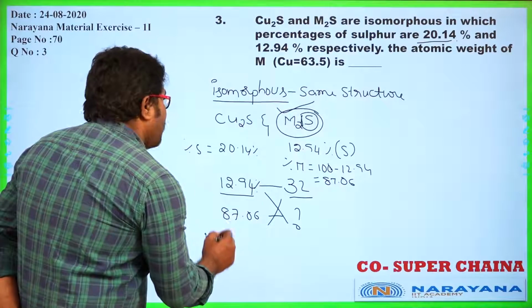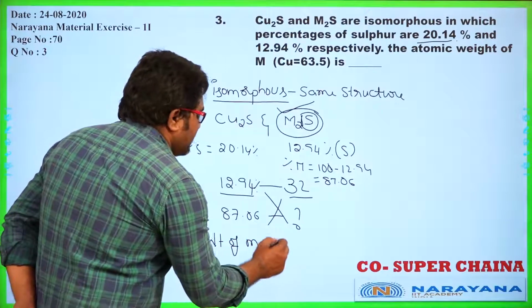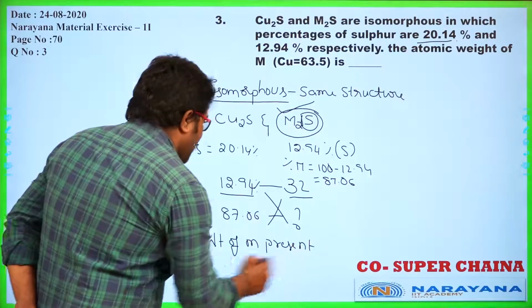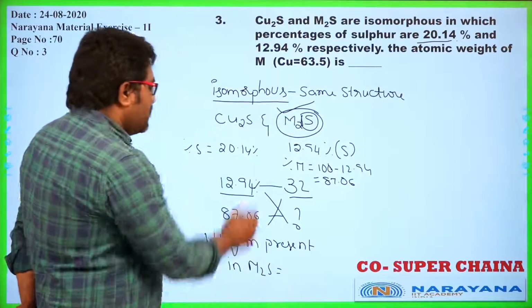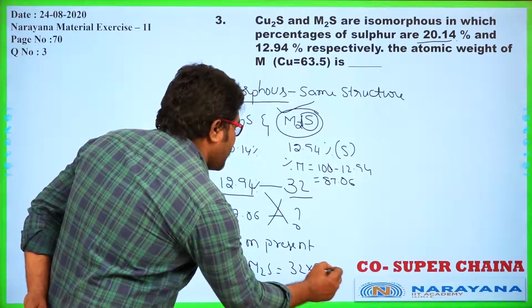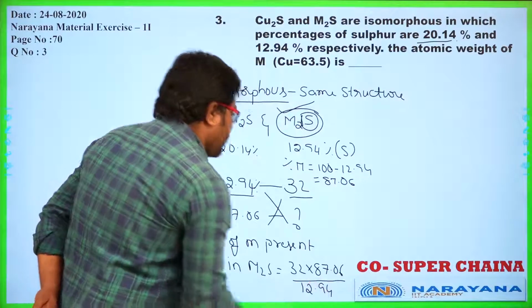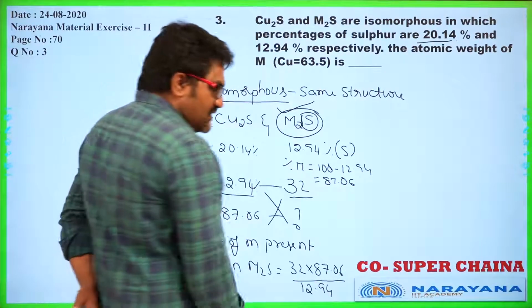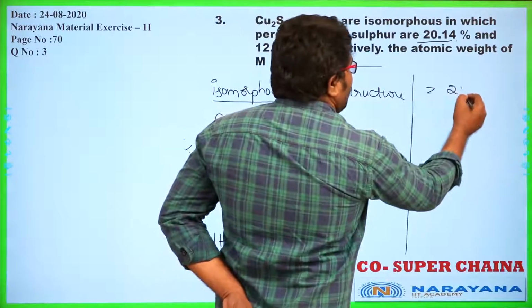So the weight of M present in M2S is equal to 32 into 87.06 divided by 12.94. Approximately, the weight of 2 atoms is equal to 216.